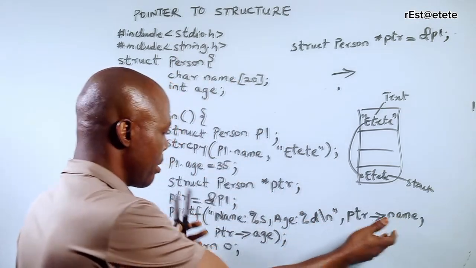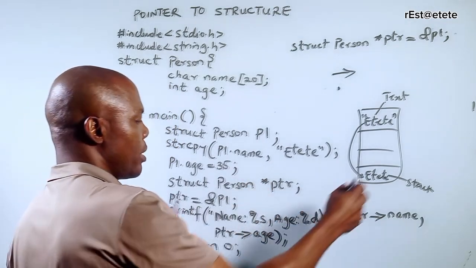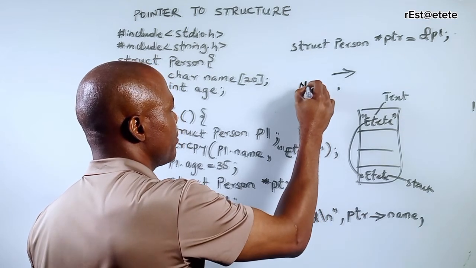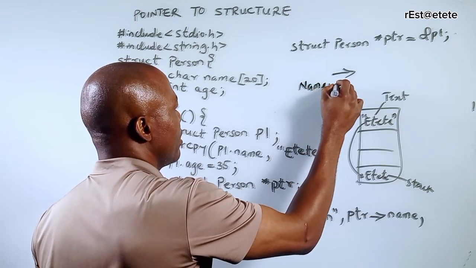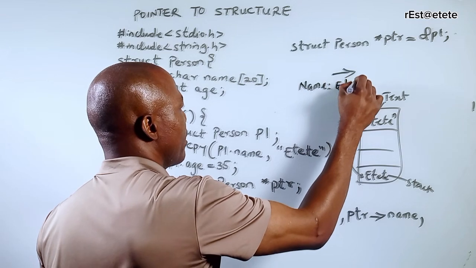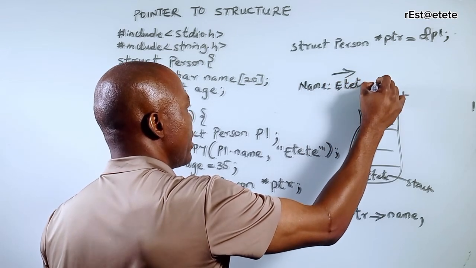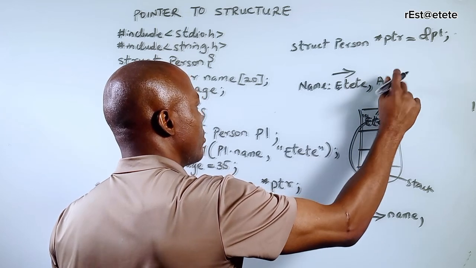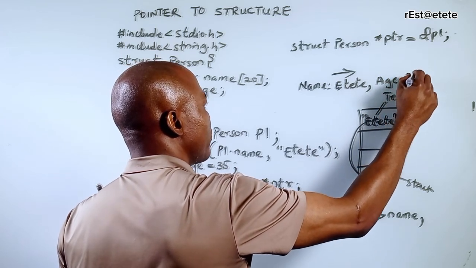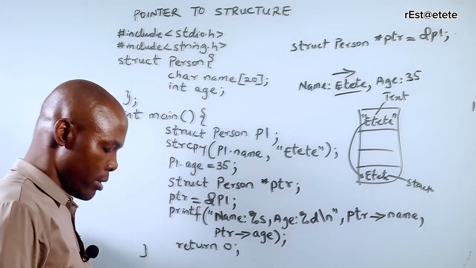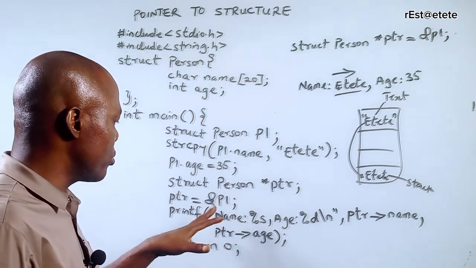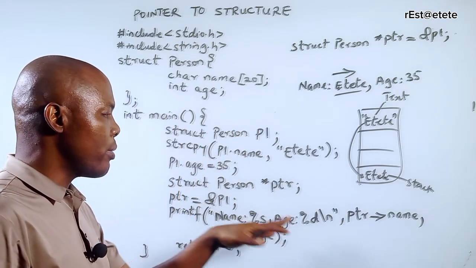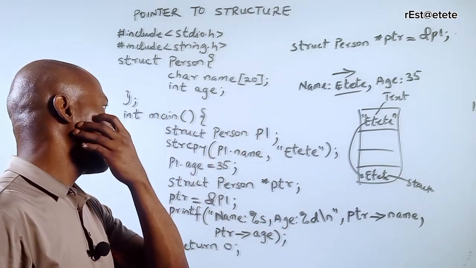So ptr arrow name will print out etete, comma, age: 35. This is what will be printed out on the screen. So this is how you create a pointer to a variable of the structure and then use that pointer to access the elements in the structure.